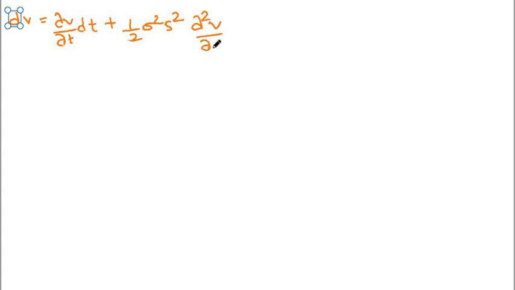Now, dV, as I said, is nothing but (delta V by delta t) dt plus half sigma squared S squared (delta squared V upon delta S squared) dt plus (delta V by delta S) dS.